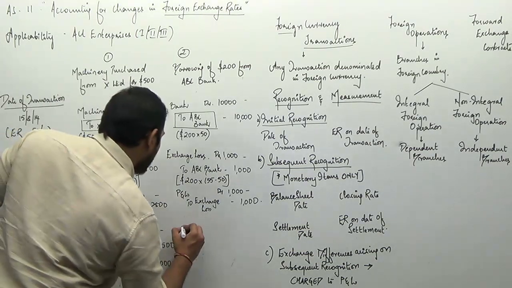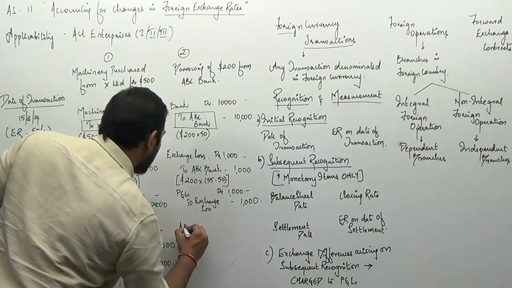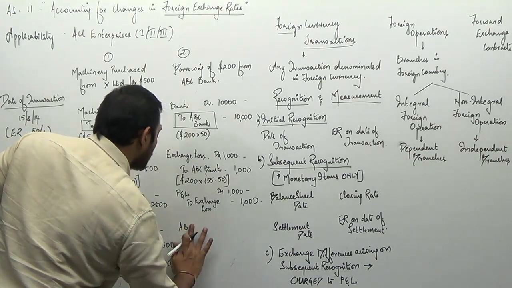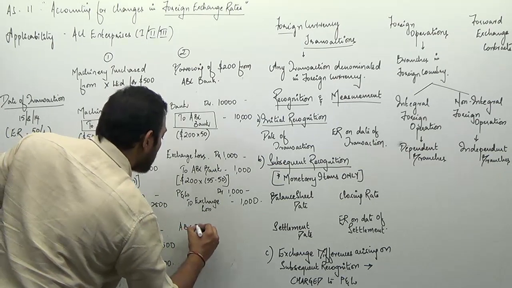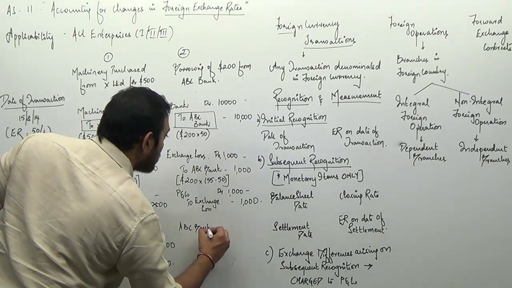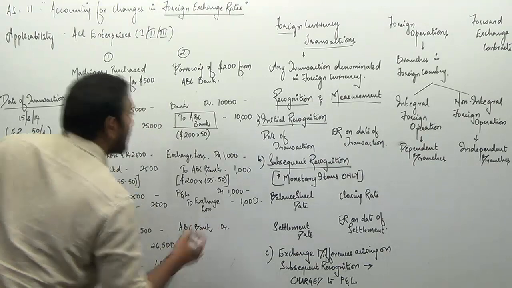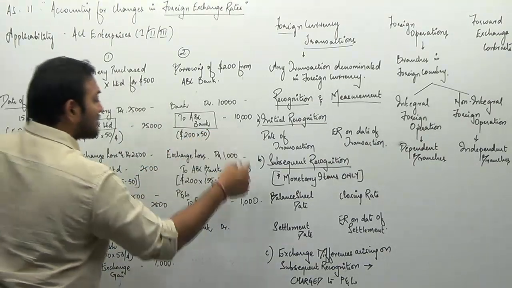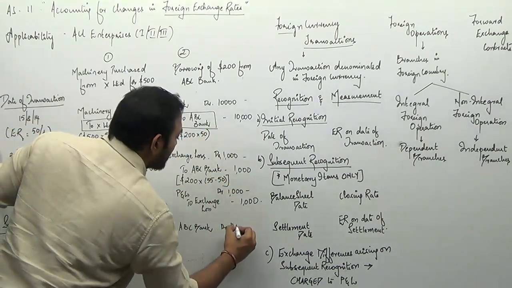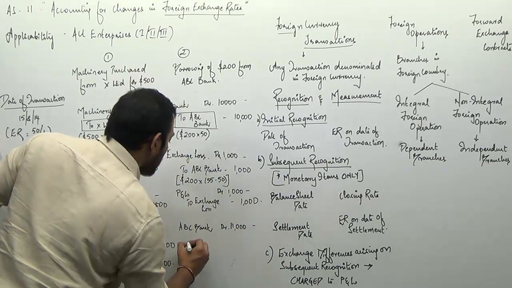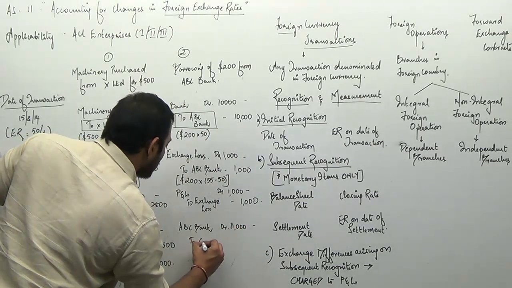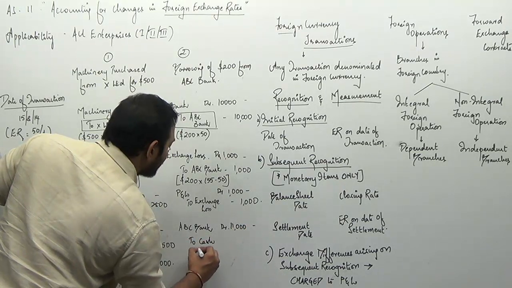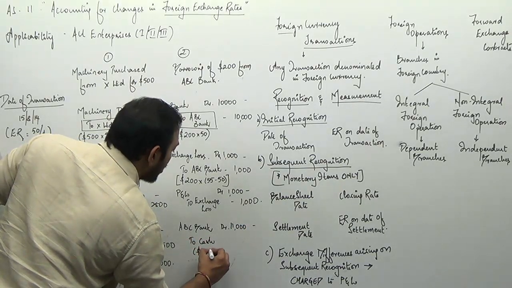Similar way, you can record here ABC Limited or ABC Bank. How much is the ABC Bank liability? 10,000 plus 1,000, total is 11,000. To cash or bank, I have to pay him $200.